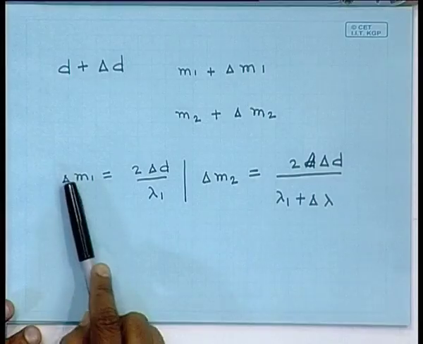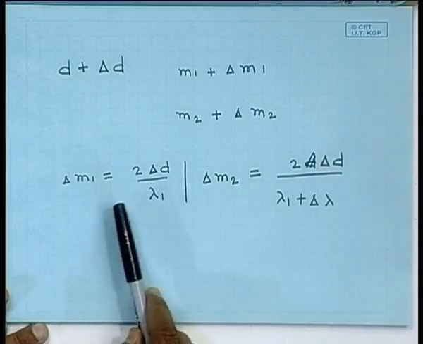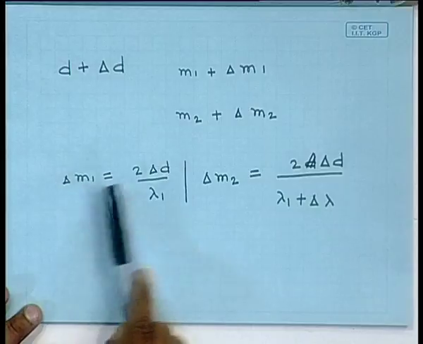So, initially both the wavelengths had a dark fringe at the center, but as I change the difference in the arm length, they both no longer remain dark and there is a difference in phase. So, there is a difference in the order of the fringes between the two wavelengths. So, the fringe pattern is now no longer in concordance. Both the fringes at the center do not have the same intensity because they are of different orders.